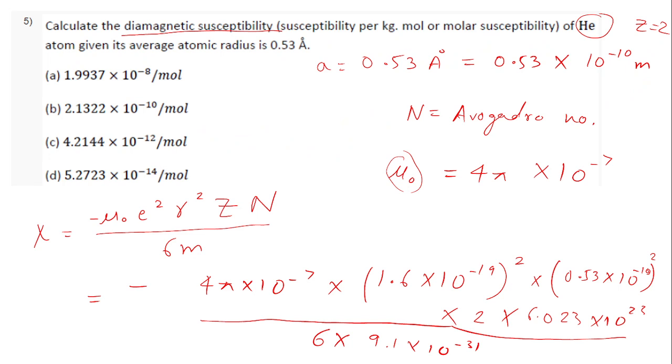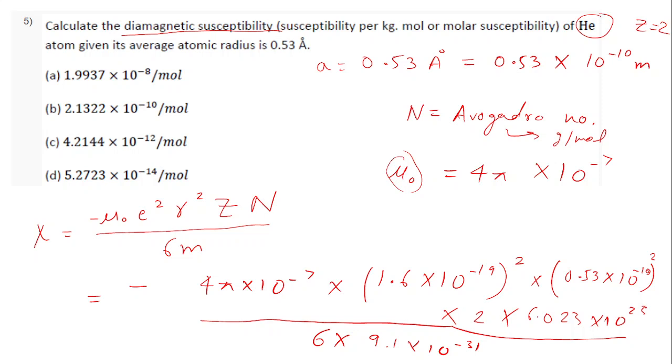Did I do some... Okay, one mistake happened here. The Avogadro's number, we say this is in gram per mole, so 6.023 10 to the power 23 gram per mole. Here we are changing everything in SI units, so we need to change this gram into kg. So this will not be 10 to the power 23.